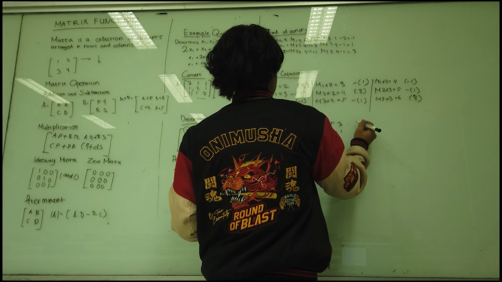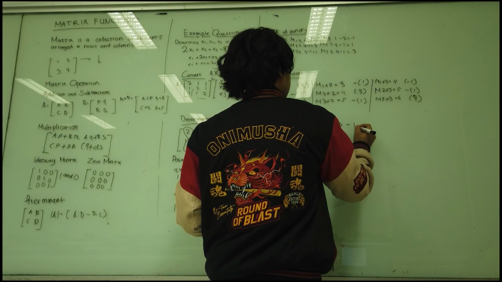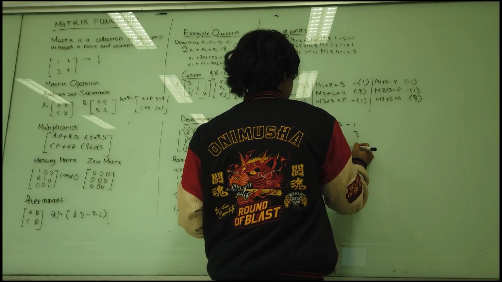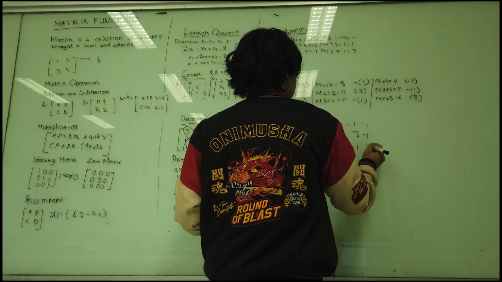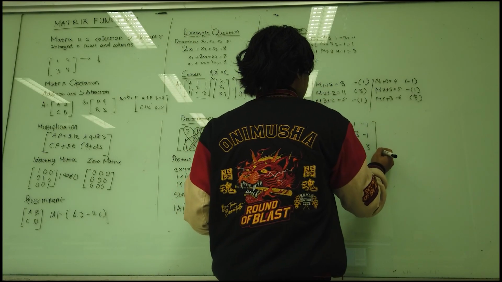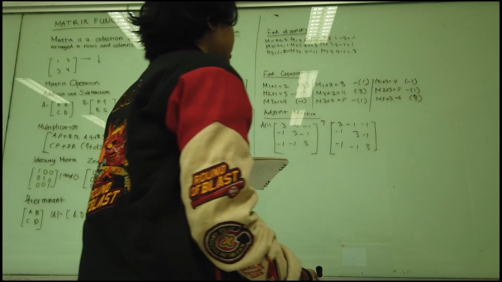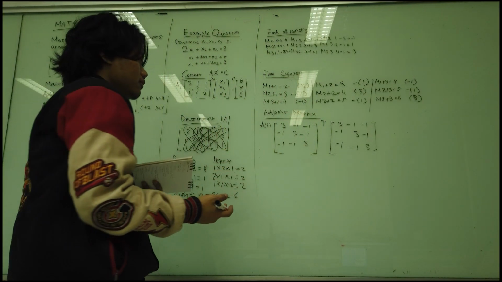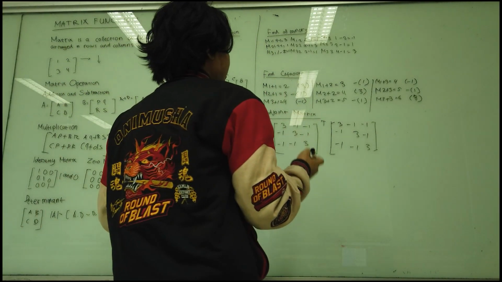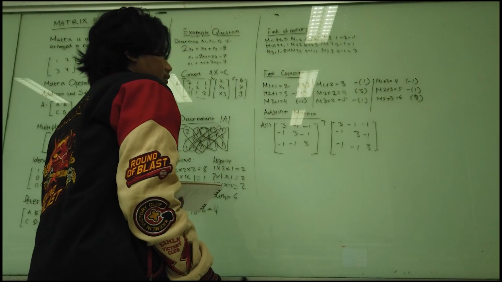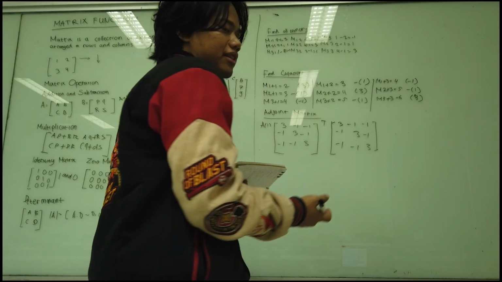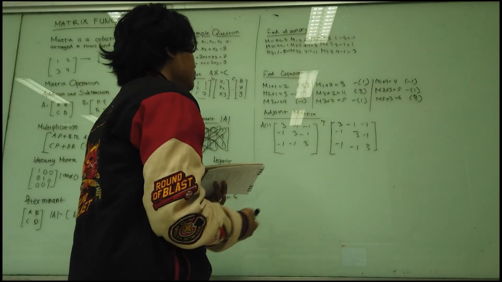Here, 3 minus 1 minus 1, minus 1, 3 minus 1, lastly, minus 1 minus 1, and 3. Since we have the same result after it's transposed, that means we have a symmetrical matrix. And so it's fine. If it happens to be similar, we just go to the next.